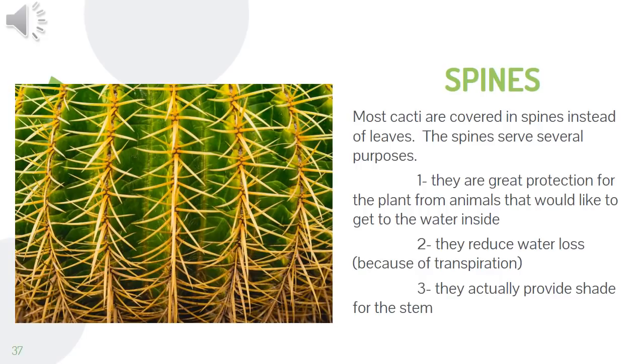And then thirdly, they actually provide shade for the stem. And I know when I first learned that, I was thinking, how in the world is a spine going to provide any shade? But whenever you have a lot of spines together and they start overlapping each other, they actually can provide some shade for the stem of that plant to protect it from the blistering hot sun.